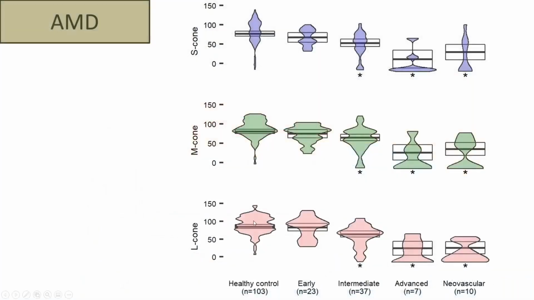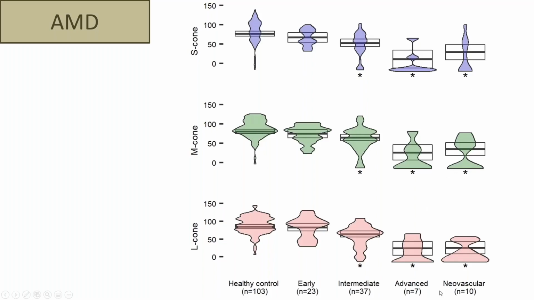So what we did was we wanted to compare healthy control subjects to people with early, intermediate, and either advanced dry or neovascular macular degeneration that was controlled with anti-VEGF medication. And what we find is that compared to healthy normals, it's at the intermediate stage of macular degeneration where there's a significant reduction in cone contrast threshold scores below the normal patients.